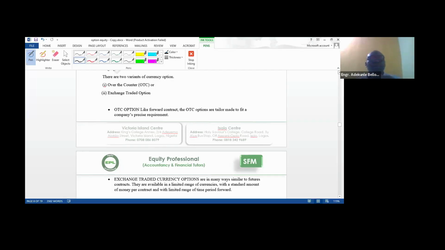Number 2, exchange traded currency option. These options are similar in many ways to currency futures.